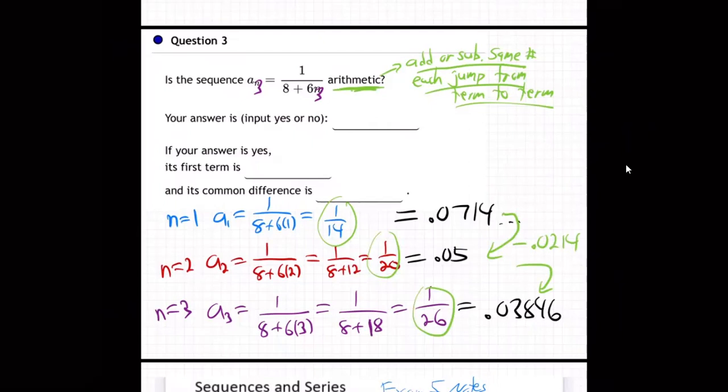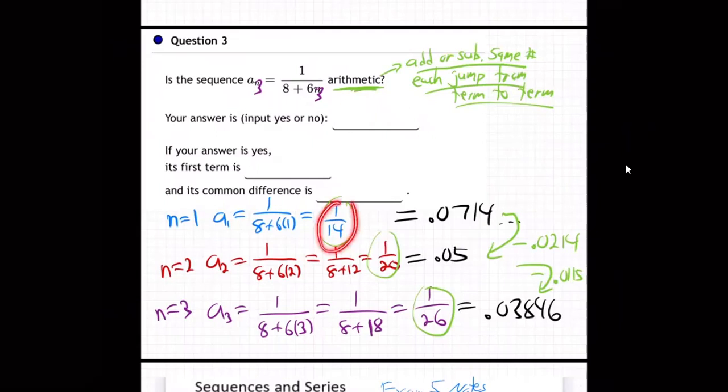That looks kind of close, actually. Oh, no, that's not close. No, if you subtracted, that difference is not right. 0.05 minus 0.03846. No, it went down 0.0115. No, not at all. So no, the answer is no on this one. Do you see that? The jump is nothing.